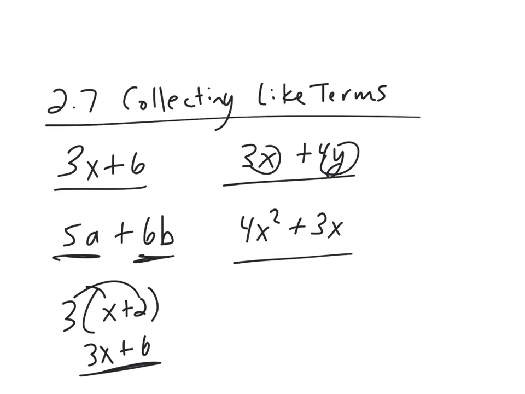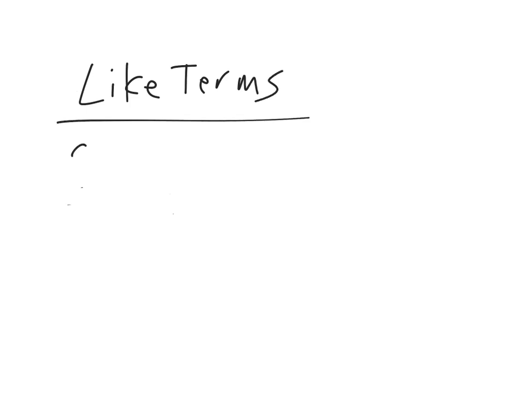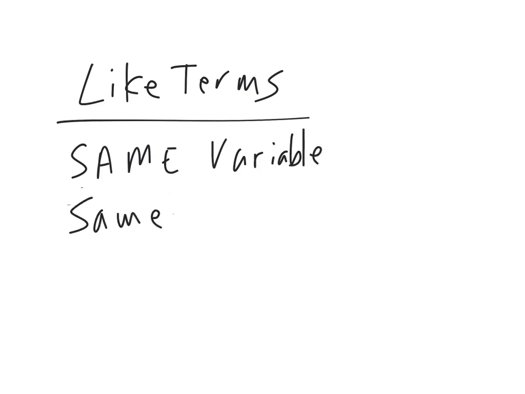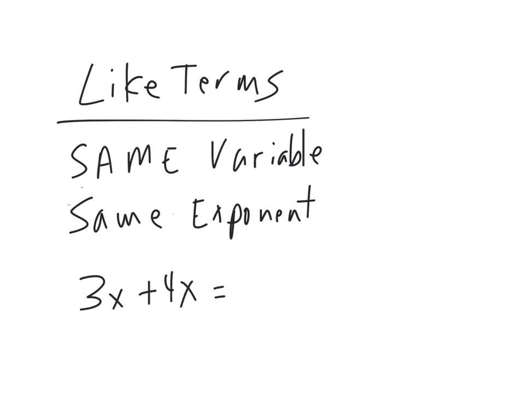So what we need to remember here is that like terms have the same variable and the same exponent, okay? So if we had 3x plus 4x, I can put those together. 3 and 4 make 7, and we just call it 7x.